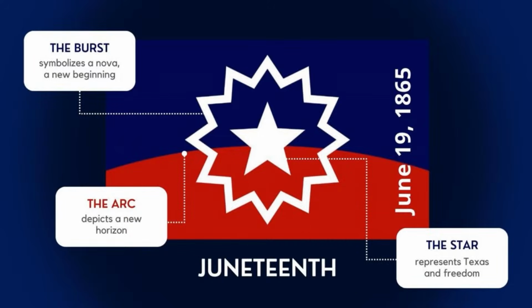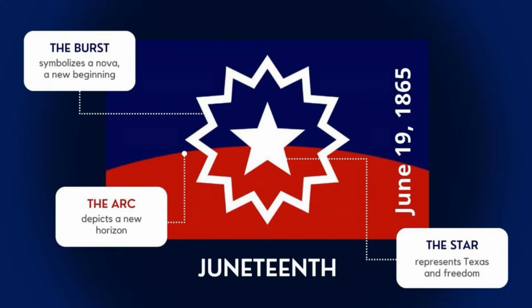But word didn't travel fast in those days, especially when slaveholders had every incentive to keep it hidden. So for hundreds of thousands of Black men, women, and children in Texas, still enslaved, slavery was ruining and ruling their lives.